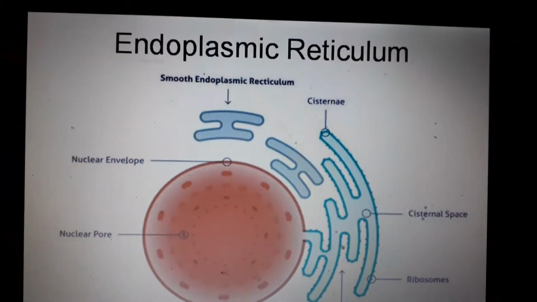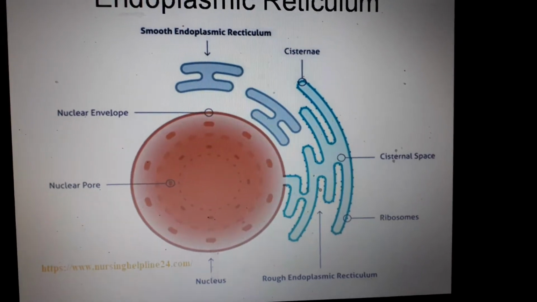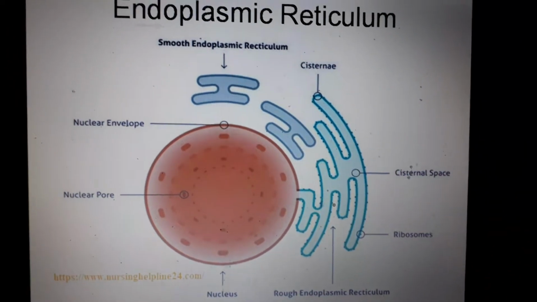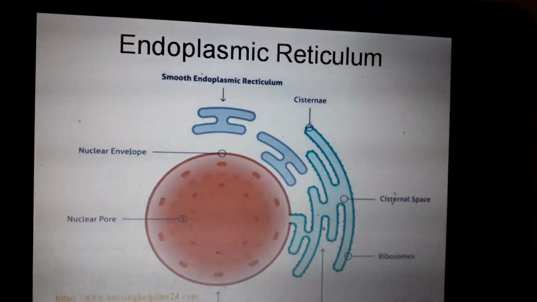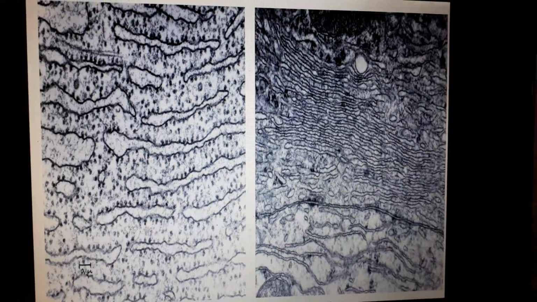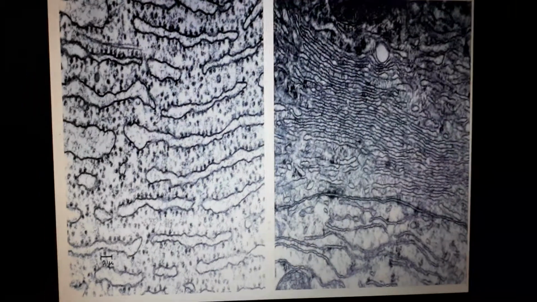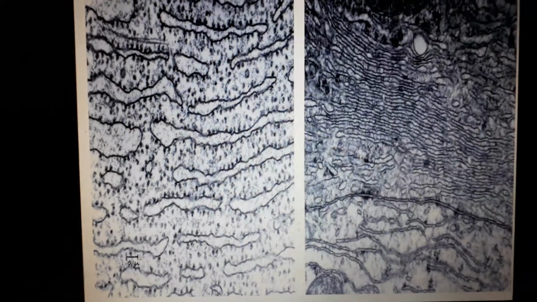So it transports substances that are manufactured in the cell from one part of the cell to the other part of the cell. So it acts as a transport system. This is how endoplasmic reticulum is seen under a microscope.